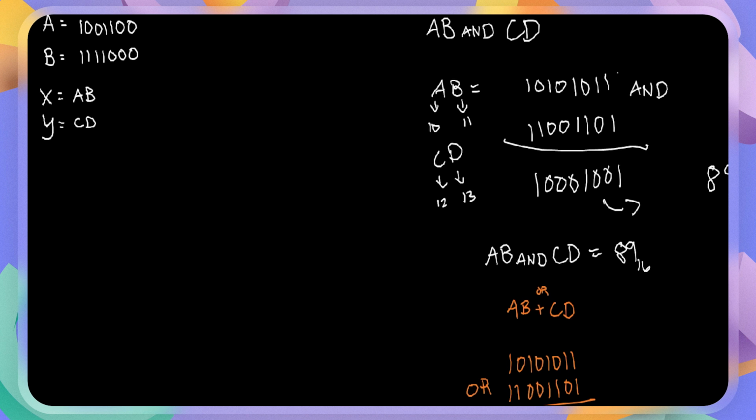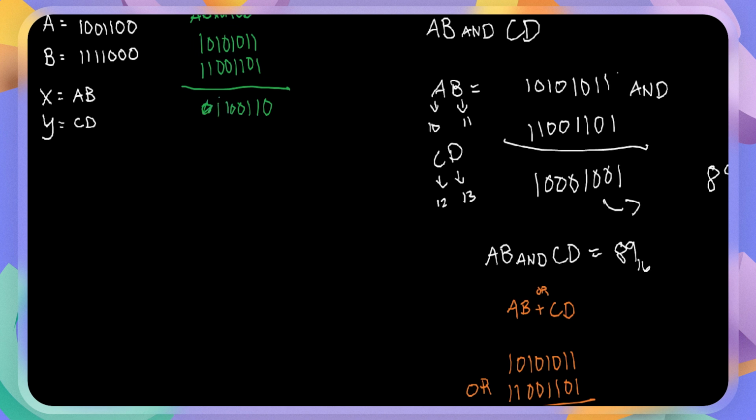Now, again, similar with XOR, 1 0 1 0, 1 0 1 1, and 1 1 0 0, 1 1 0 1. AB XOR CD. So that's a 0, that's a 1, 1 0 0, 1 1 0.